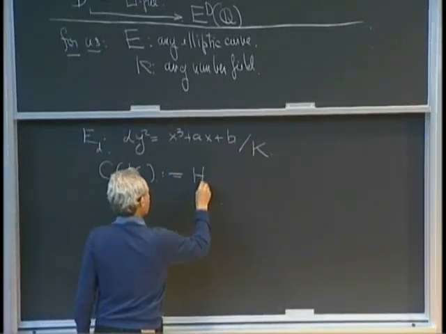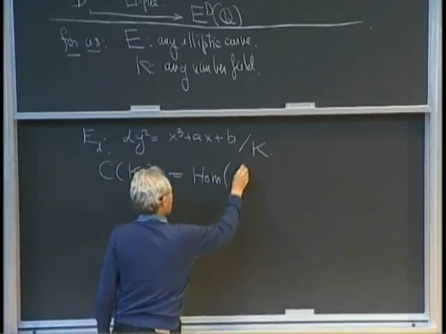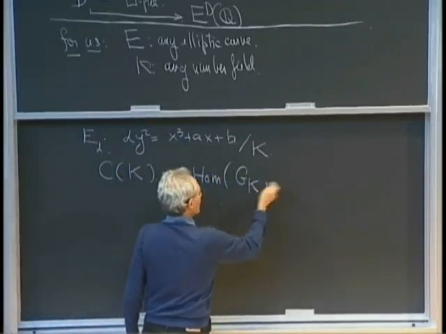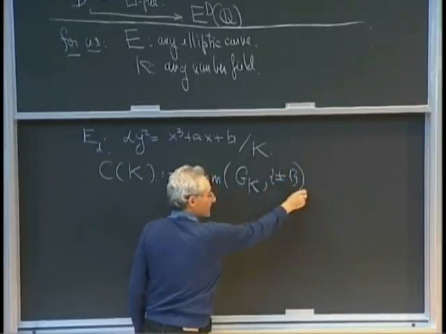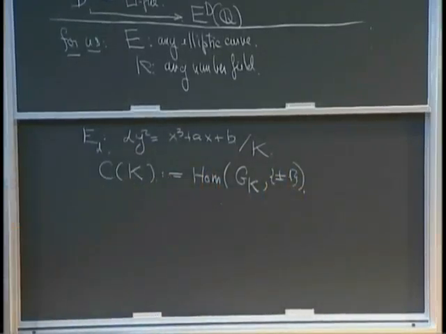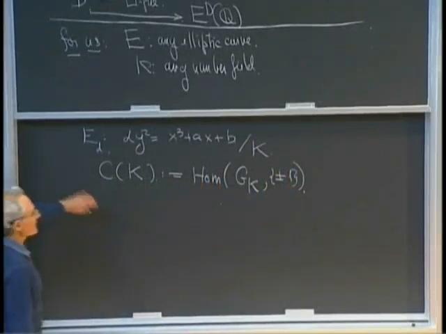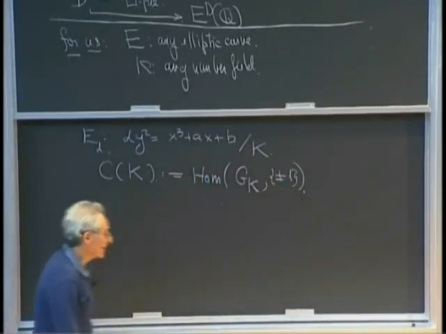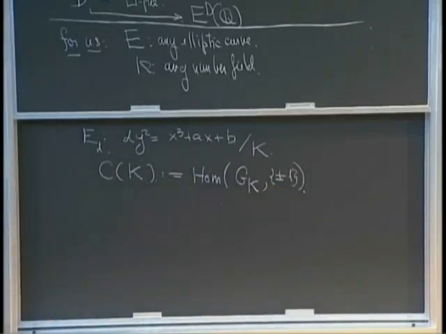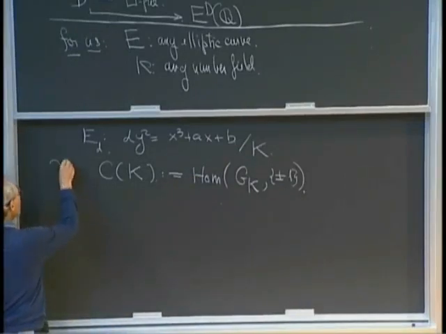That's Hom of the Galois group of K into plus or minus 1. They're Dirichlet characters, if you wish, over K. Of course, it doesn't make use of much of this Galois group since I have a plus or minus 1 there, so it passes through the maximal abelian exponent 2 quotient of G_K, and a typical element in this I'll call chi.